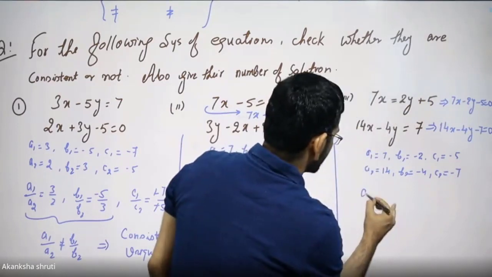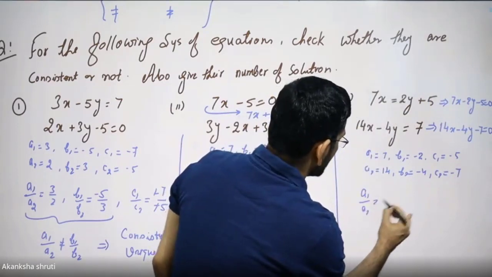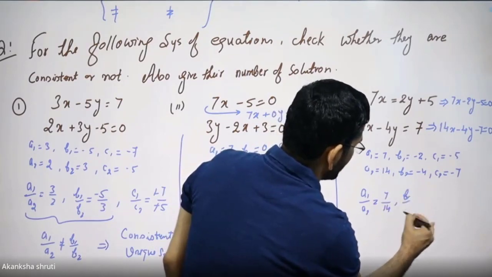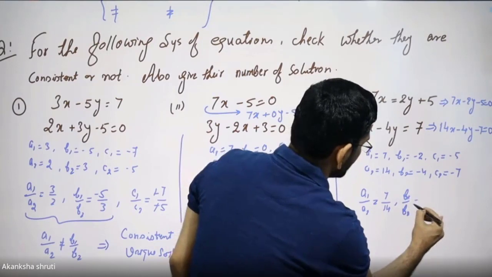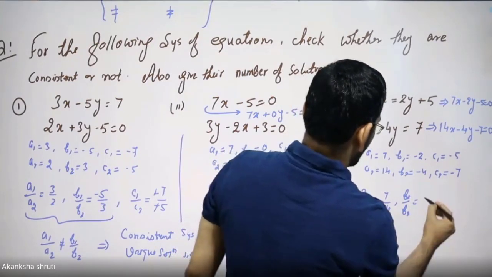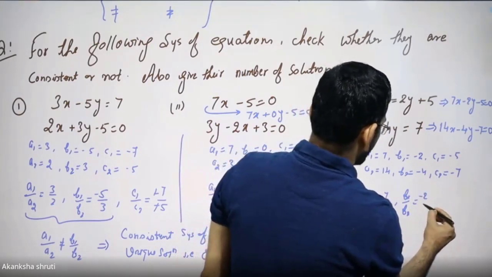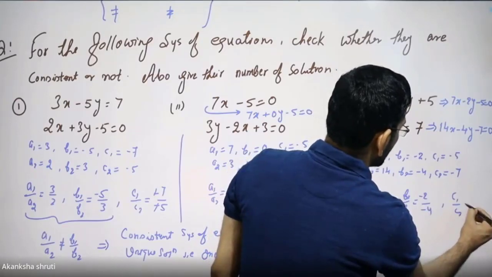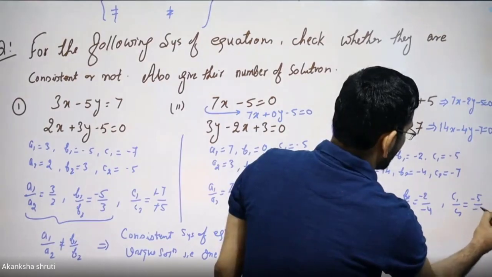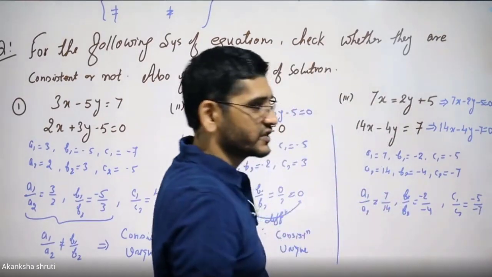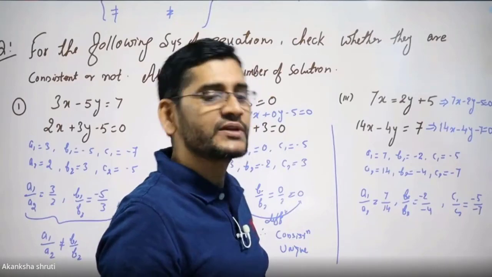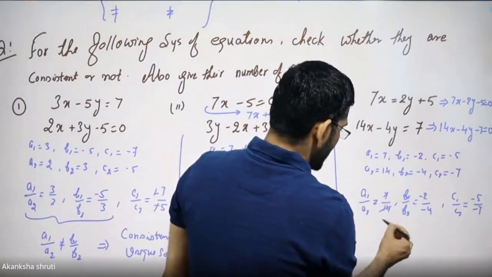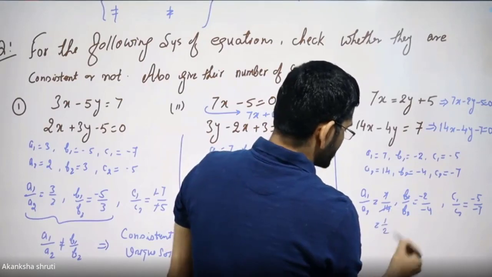Now take the ratio. A1 by A2 is 7 by 14. B1 by B2 is minus 2 by minus 4. C1 by C2 is minus 5 by minus 7. To check whether any ratios are equal, first you need to simplify the ratio if it can be. So 7 2s are 14, so this is 1 by 2.